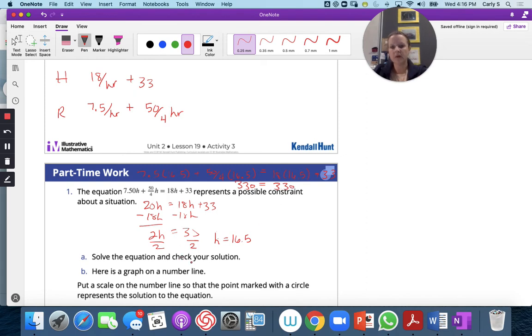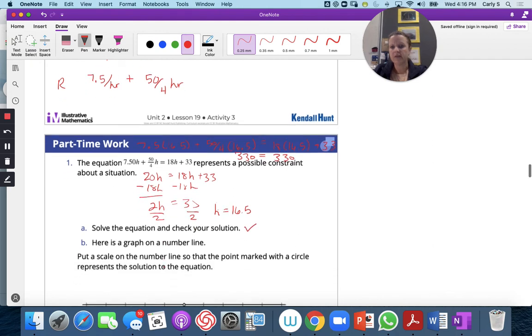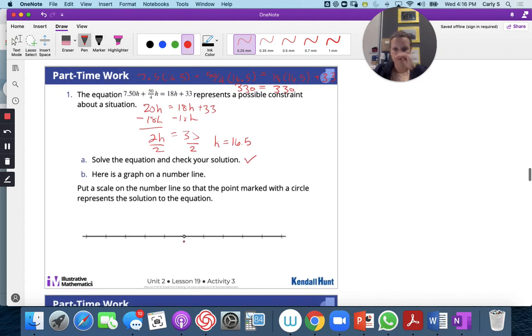So solve the equation and check your solution. Here is a graph on a number line. Put a scale on the number line so the point marked is 16.5. That's a terrible scale. So we're going to make this at 16 and a half.